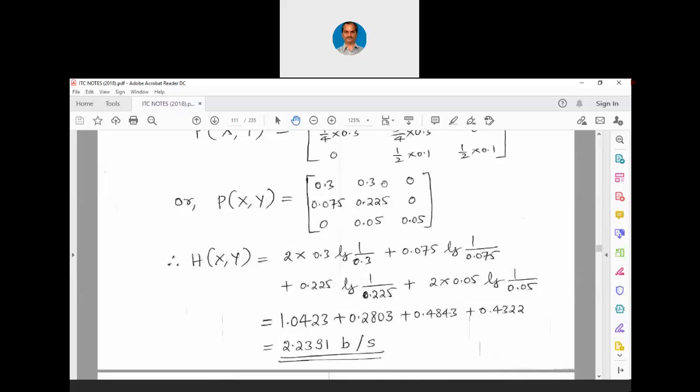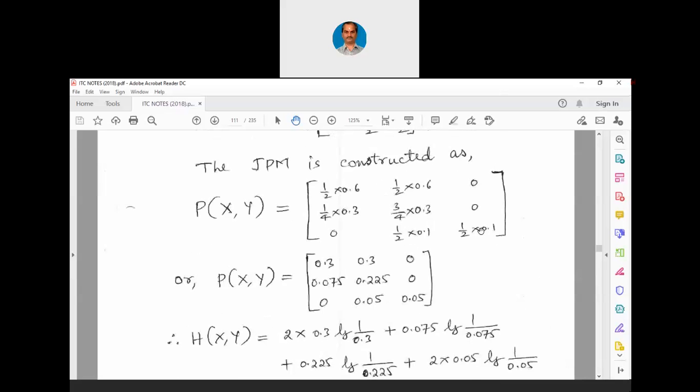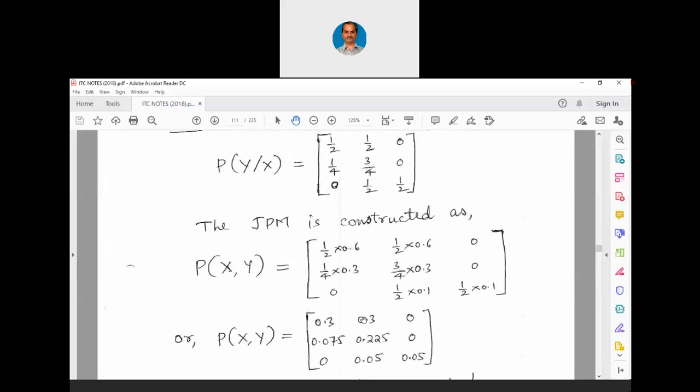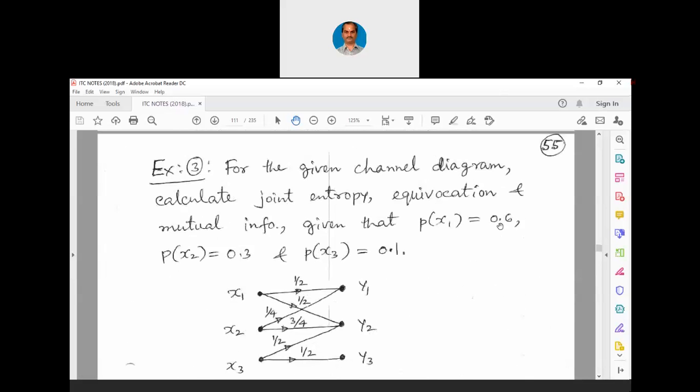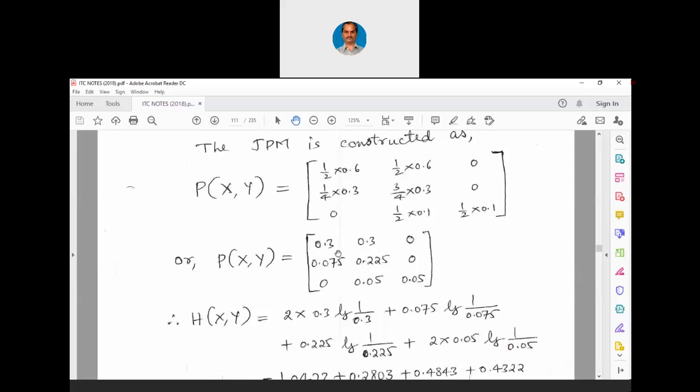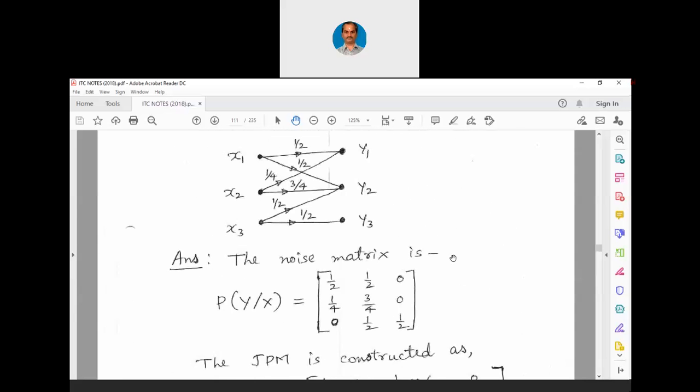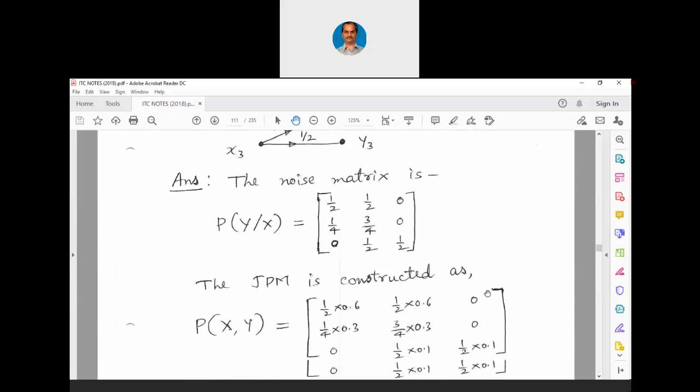P of y2 is 0.3 plus 0.225 plus 0.05. And P of y3 is 0.05. You can verify this again here. See, 0.3 plus 0.3 is 0.6, that is P of x1. And 0.075 plus 0.225 is 0.3, that is P of x2.